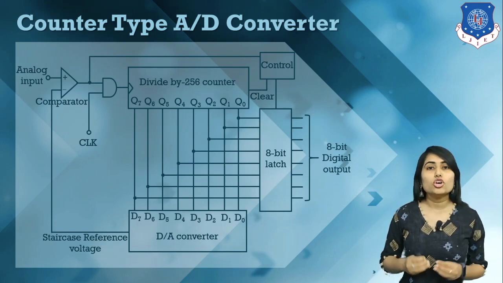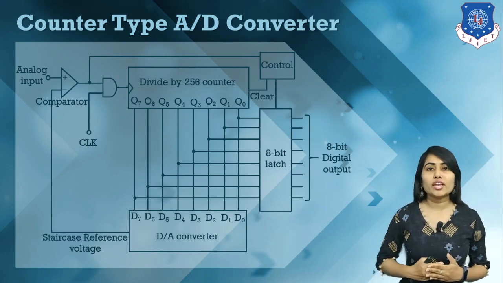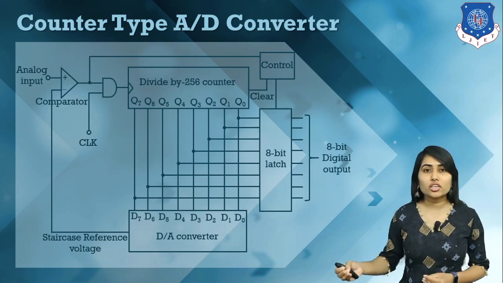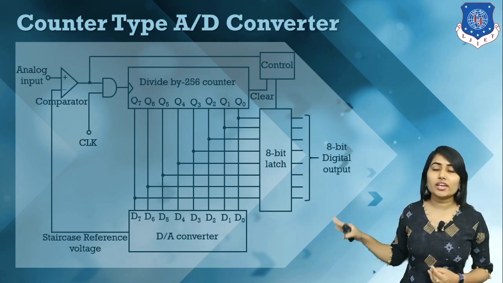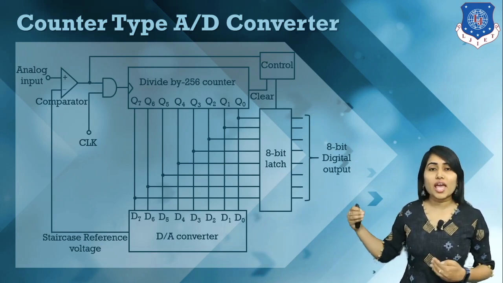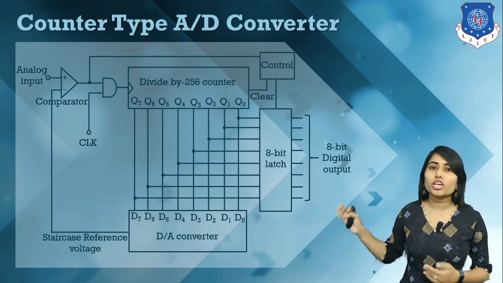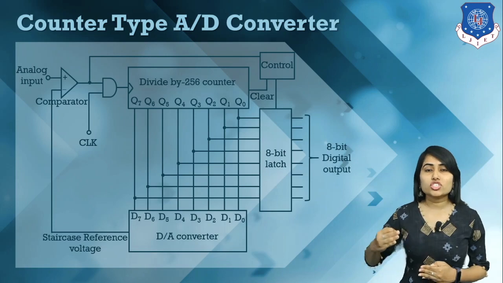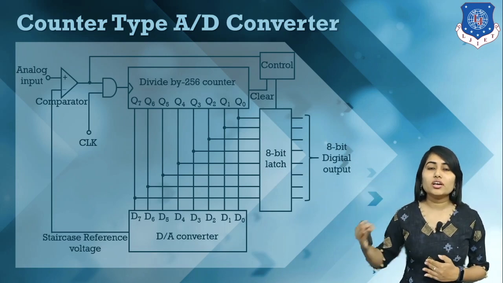So whenever the input voltage is lesser, no clock signal is given to our counter circuit, and whenever the counter has no clock, it cannot calculate the values. This is how the counter will stop when it reaches values beyond the input voltage.